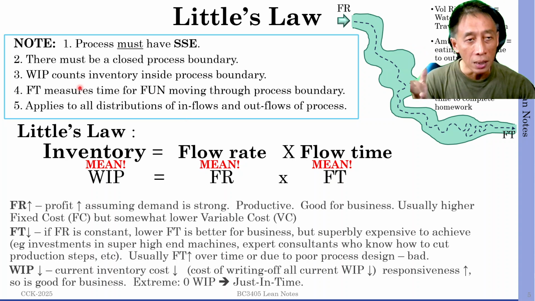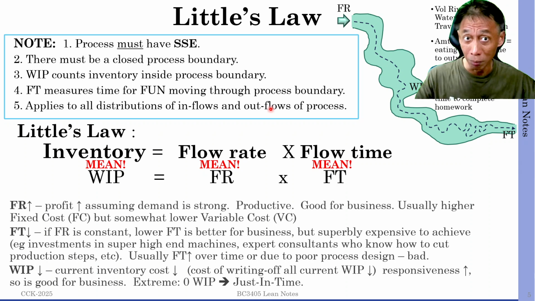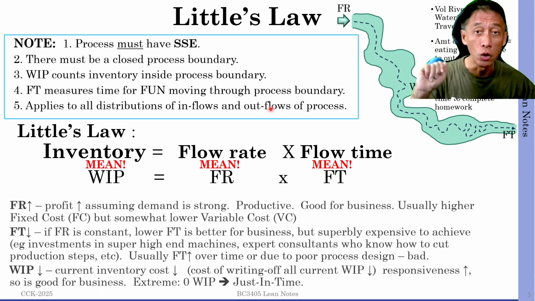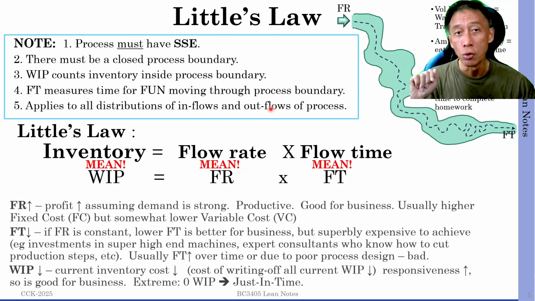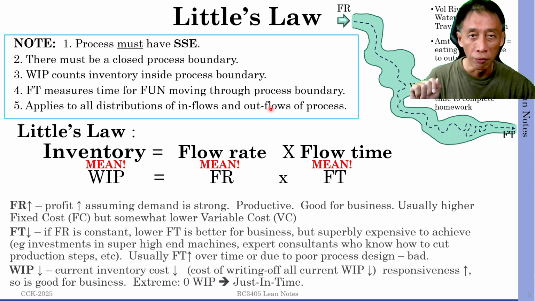So whatever it is, the flow rate in has some sort of distribution, and the flow rate out can also have another kind of distribution, so long as the mean is the same. Then we will have steady state. So the inflow distribution can be a bell shape, normal distribution. The outflow distribution can be a Poisson distribution, a kind of asymmetrical distribution. Fine, so long as the mean is the same.